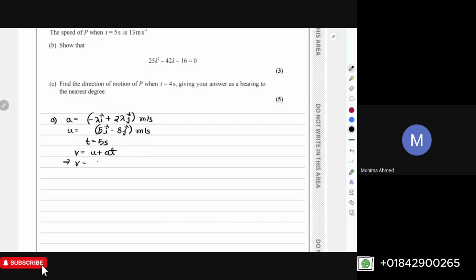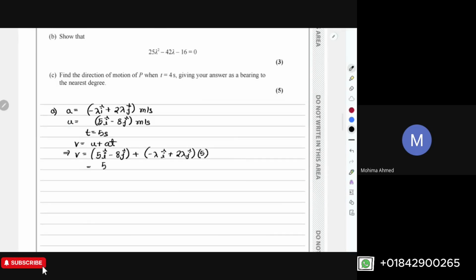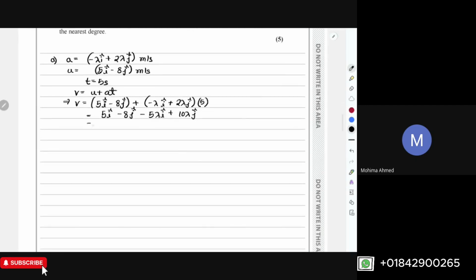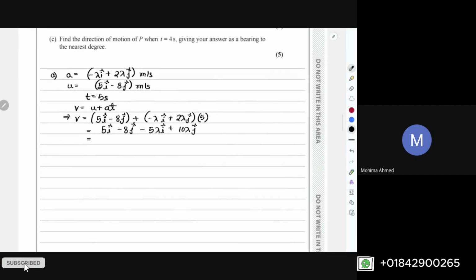This is going to be the initial velocity plus acceleration multiplied with 5. So multiply them. You get 5i minus 8j, then again 5 lambda i, 10 lambda j, right? So just add everything together, like add i together.